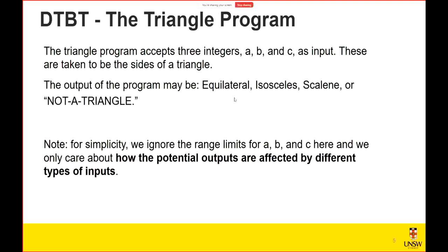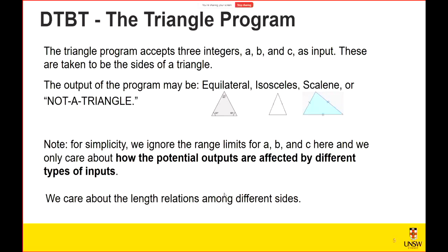So here, let's just ignore the range limits we have set in our previous example in the previous slides. We just care about how potentially the inputs could affect the outputs here to design the conditions and actions. So we just care about the length relations among different sides.